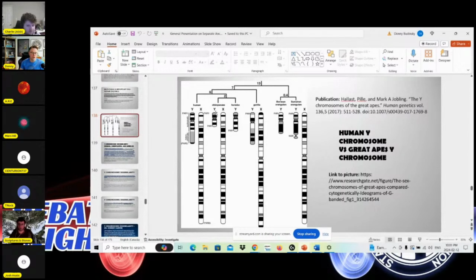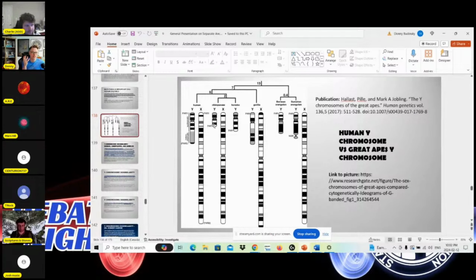Here's the chimpanzee Y. So right off the bat, you'll notice it's half the size. It's nothing alike in terms of architecture. And the gene content is totally different. I mean, the heterochromatin here is almost non-existent in the chimpanzee Y chromosome. And so when you consider overall gene content, architecture, and size differences, the human and chimpanzee Y chromosomes were only about 35% the same.